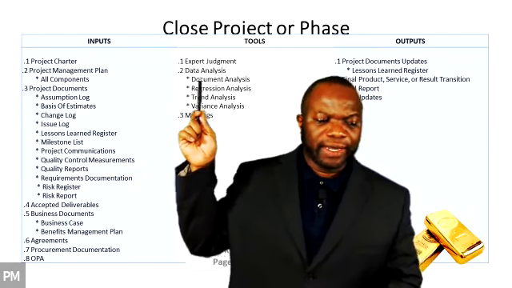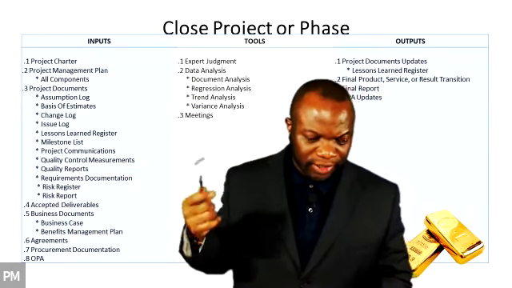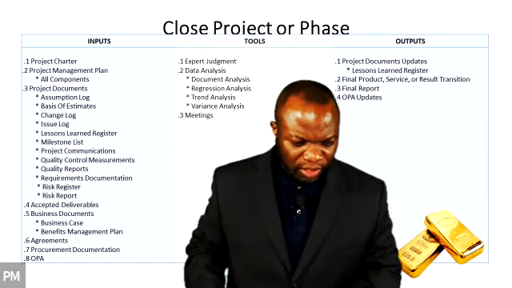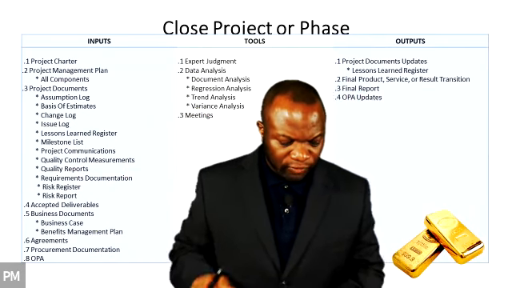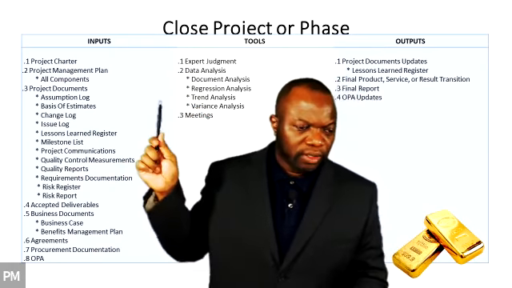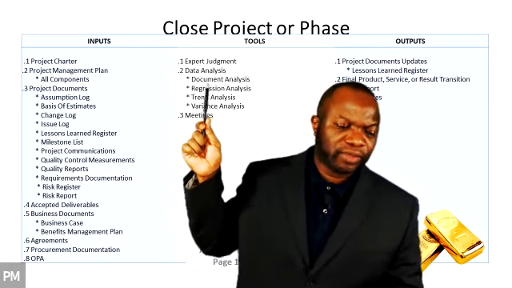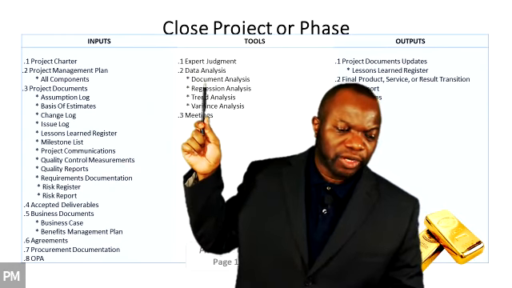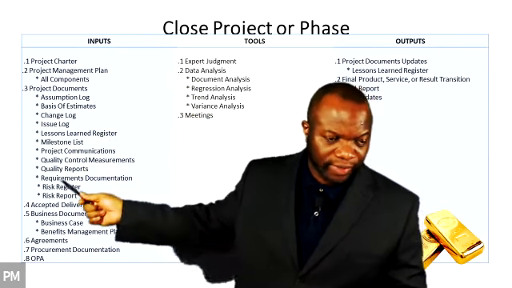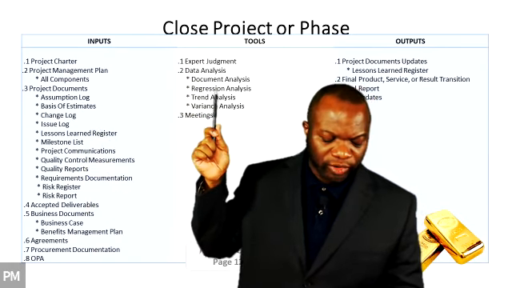Now, these are the analyses I mentioned earlier. Let's take a look as to why they are so important. So, follow me to page 126. Document analysis, we've talked about this. We're going to analyze documents not only to glean lessons learned, but to close out all of those documents. Then we've got regression analysis.